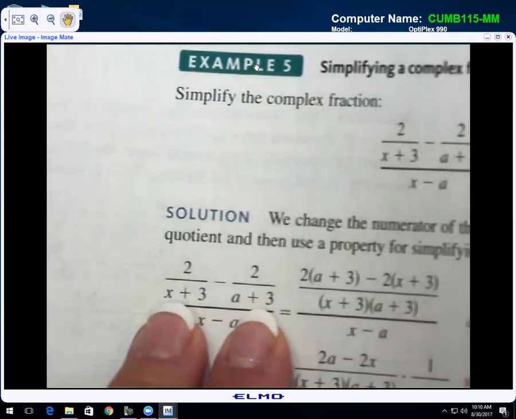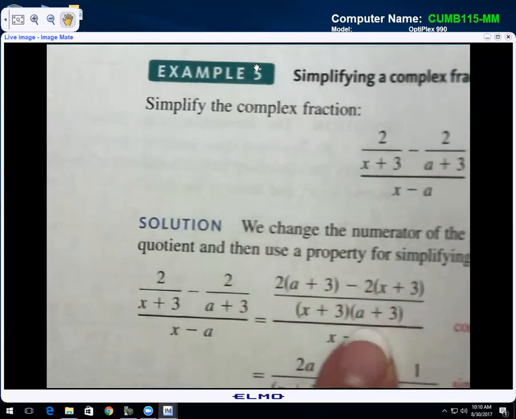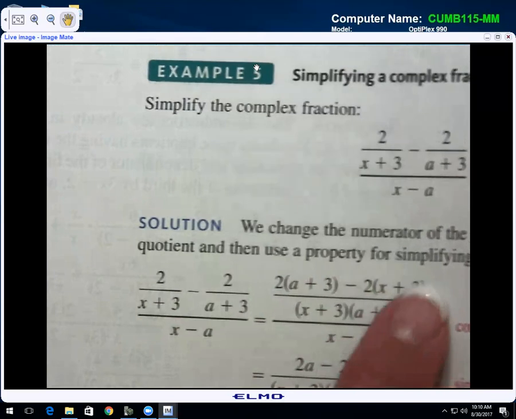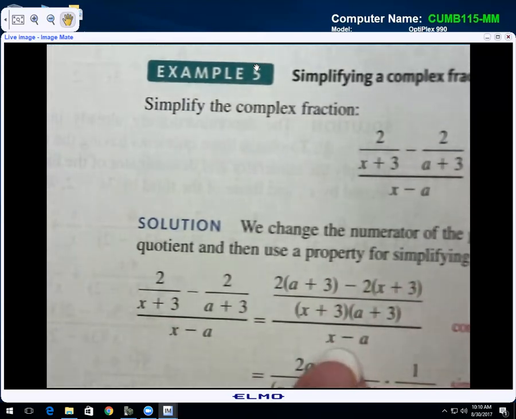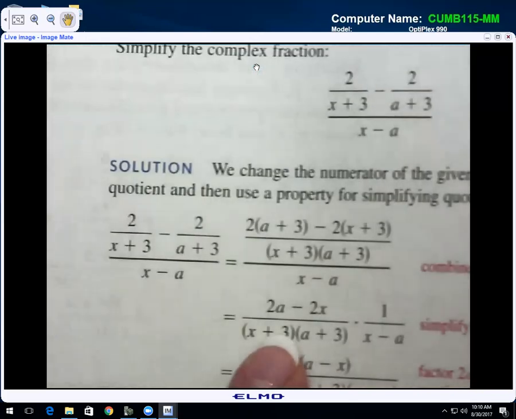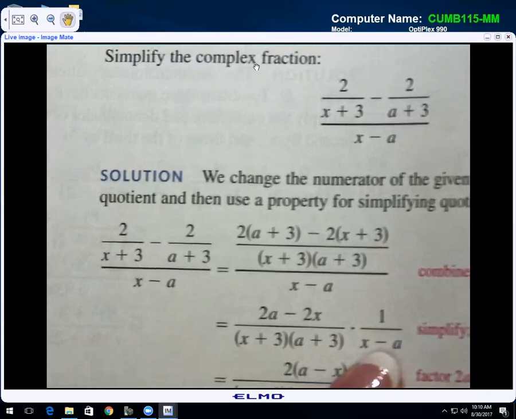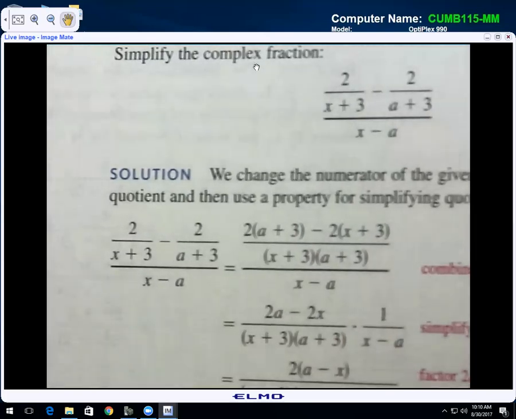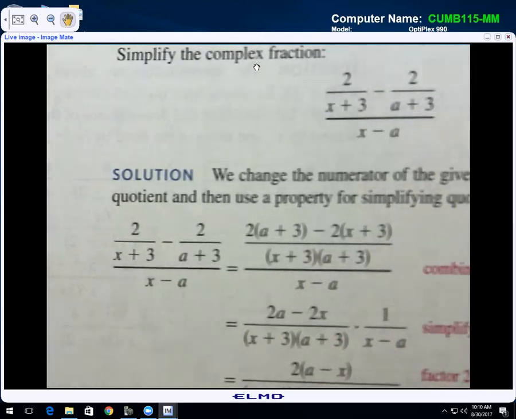They got a common denominator for these 2 fractions and combined them into a single fraction. Once you have a single fraction divided by something, it's just a division problem. You take that single fraction and multiply it by the reciprocal of the denominator. So getting a common denominator and adding these 2 fractions is absolutely one perfectly fine way to simplify a complex fraction.